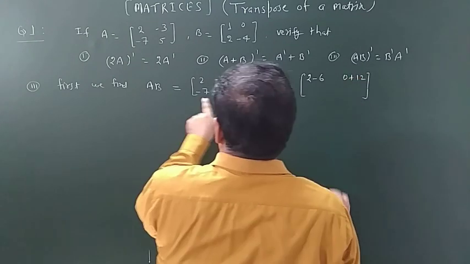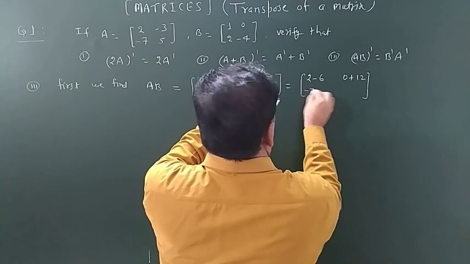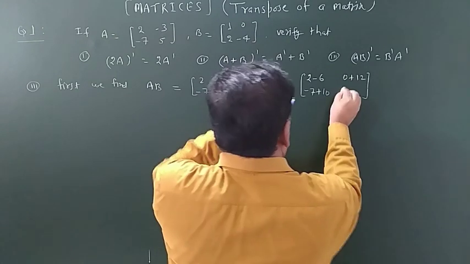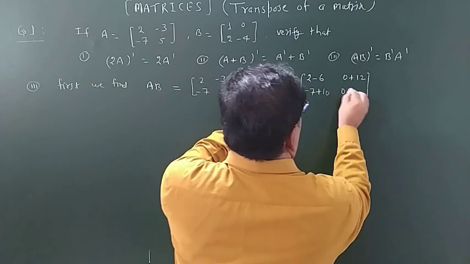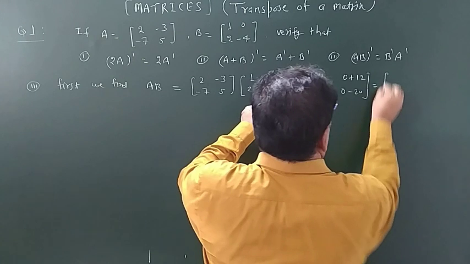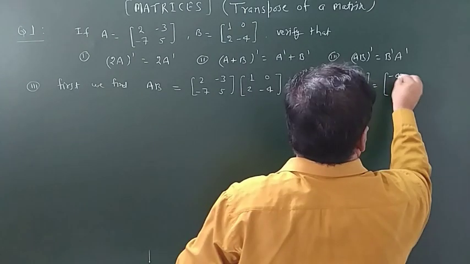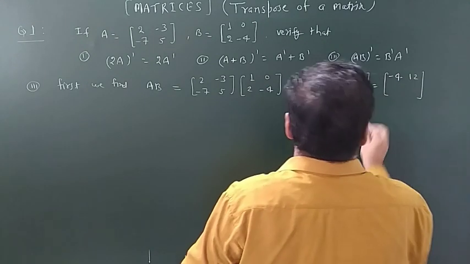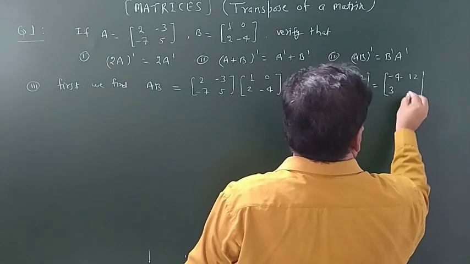In the second row, -7 plus 10, that is 3, and 0 plus 5 times -4, that is -20. So we have -4 12 3 -20.